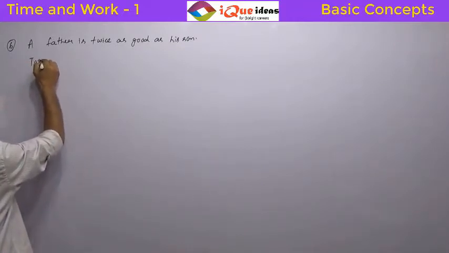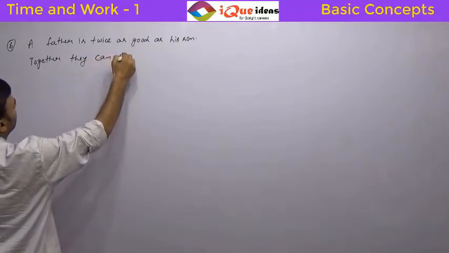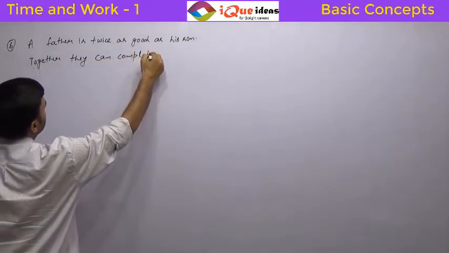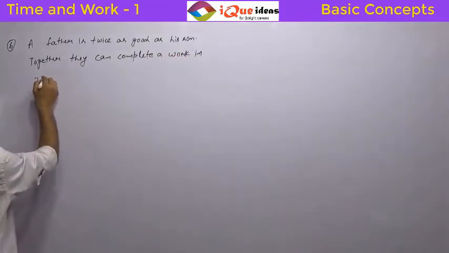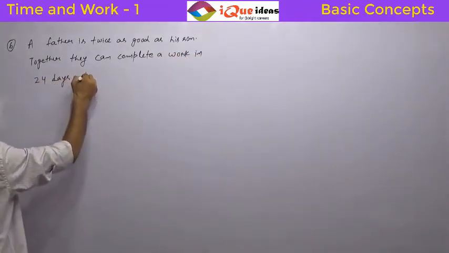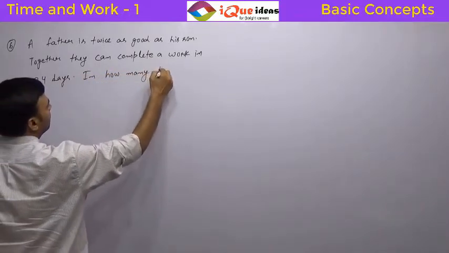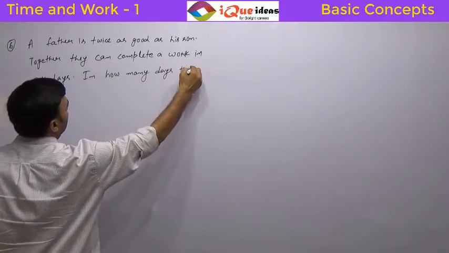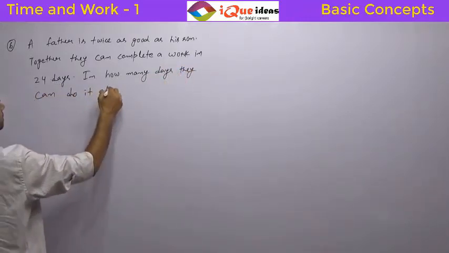Together, they can complete a work in 24 days. In how many days can they do it alone, individually?